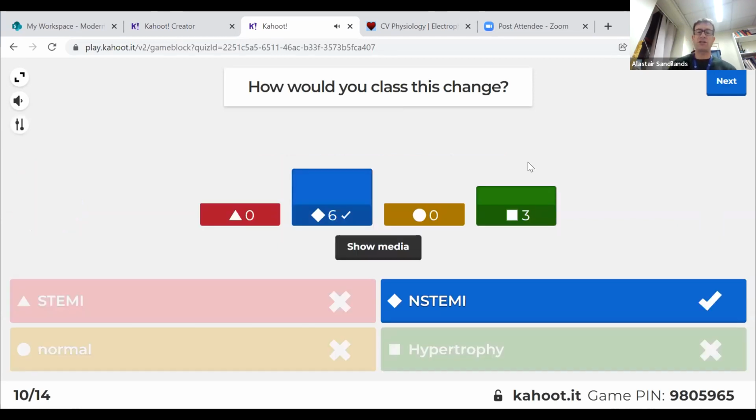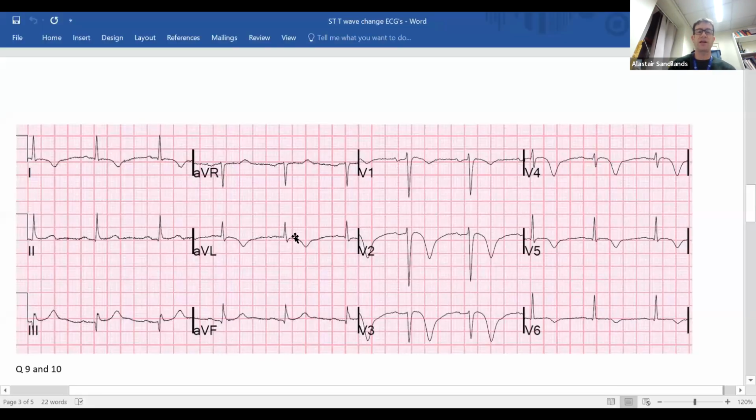Yeah, so it's a non-STEMI. It's not hypertrophy. We'll go back and look at these two. Remember, for hypertrophy, you've got to have big R waves. You probably might have Q waves along here. So this could be an anterolateral STEMI, big T-wave inversion.